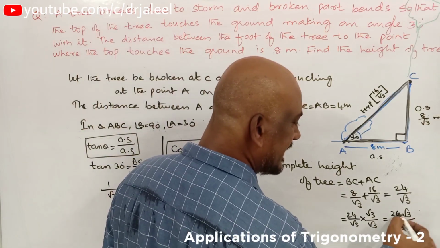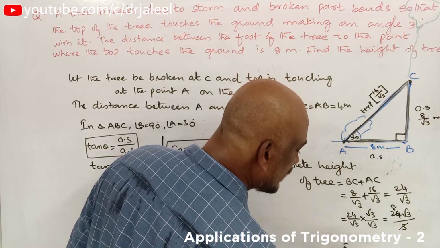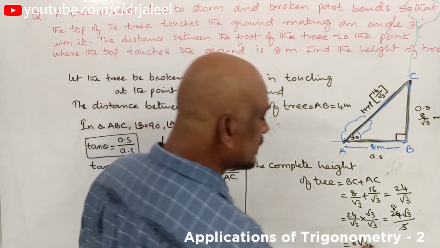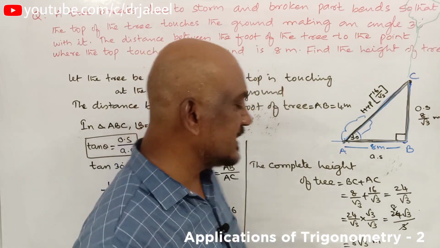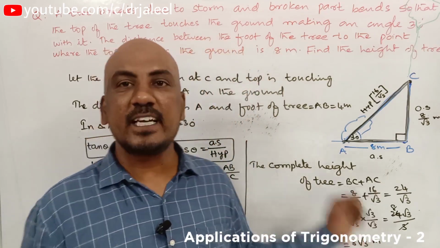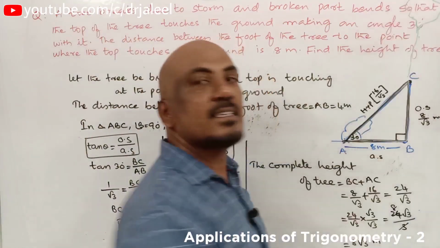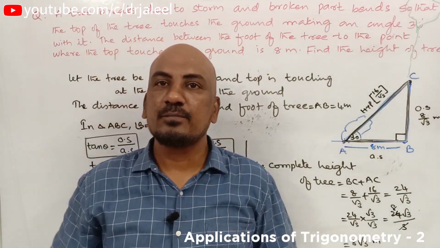So this 3 eights, what are you going to get? 8 root 3. 8 root 3 meters is the complete height of the tree, the tree which was standing earlier on the ground.